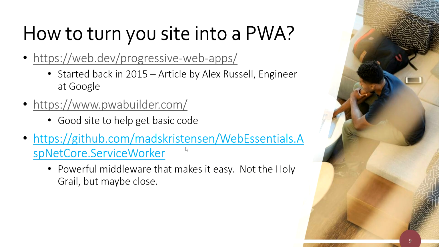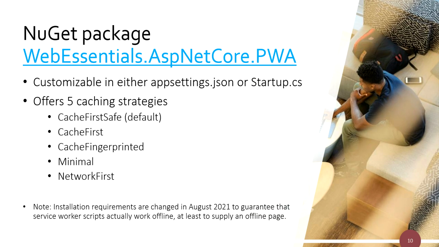Okay. All right. This is another interesting article. This is basically a middleware that makes it easy, okay? As I say, not the Holy Grail. It's actually a little bit old now, but feel free to have a look at it. Actually, I reference it again here on the next site, because what it provides is a NuGet package, okay?